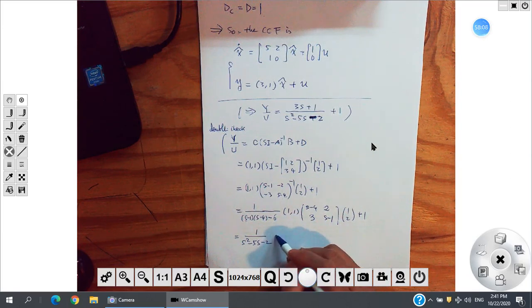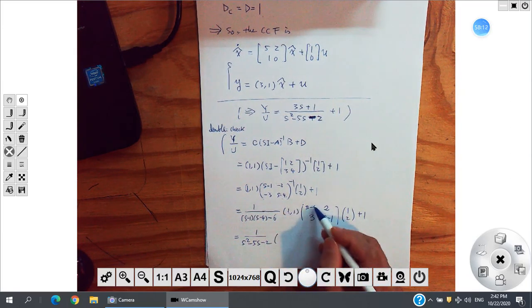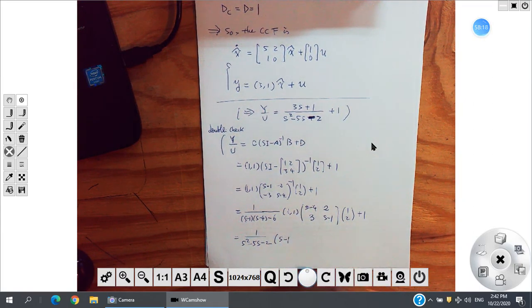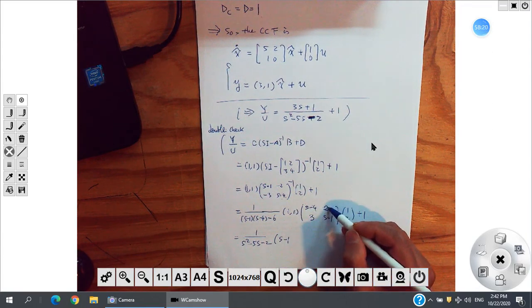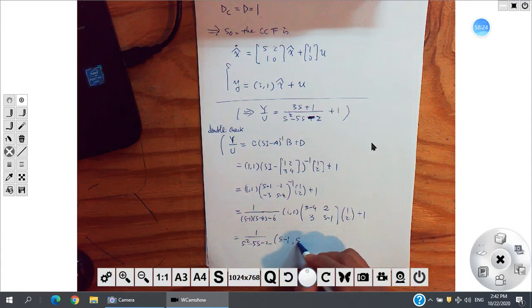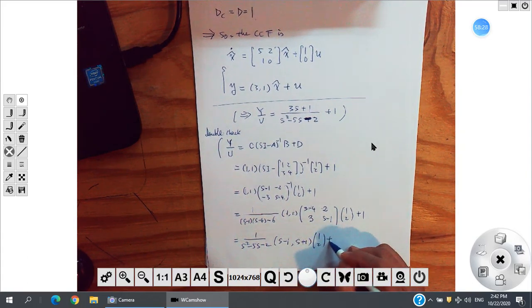And here I use 1, 1 times this. At 1, 1 times this two element, that is s minus 4 plus 3, so it's s minus 1. And 1, 1 times this is 2 plus s minus 1, so this is s plus 1. And here is 1, 2 plus 1.